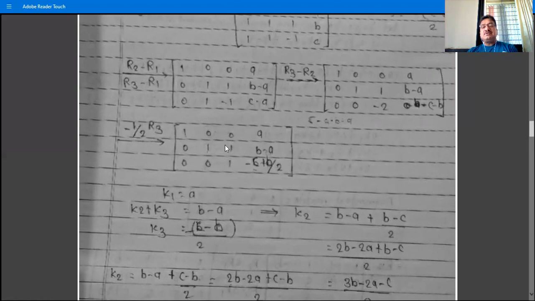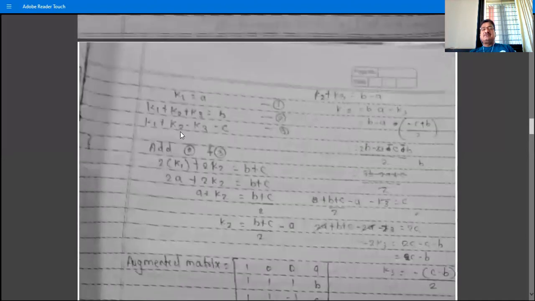While this matrix, after cancelling this last column, the remaining matrix is the echelon form of the matrix A. And this matrix also contains 3 non-zero rows. This is a non-zero row, this is a non-zero row, and this is also a non-zero row. And so rank of A is also 3. And so rank of A is equal to rank of AB, and therefore the given system is consistent.